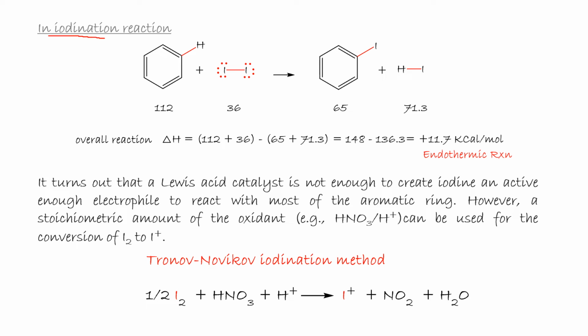In the iodination reaction, this time we are going below bromine, going down. For iodination, the bonds involved are the C–H from benzene, again 112 bond dissociation, iodine 36, the C–I bond 56, and HI 71.3.